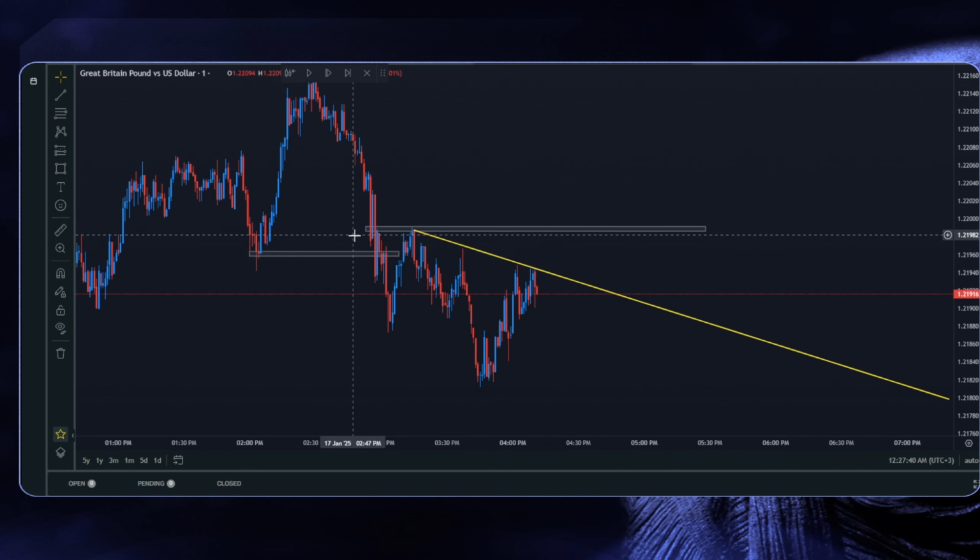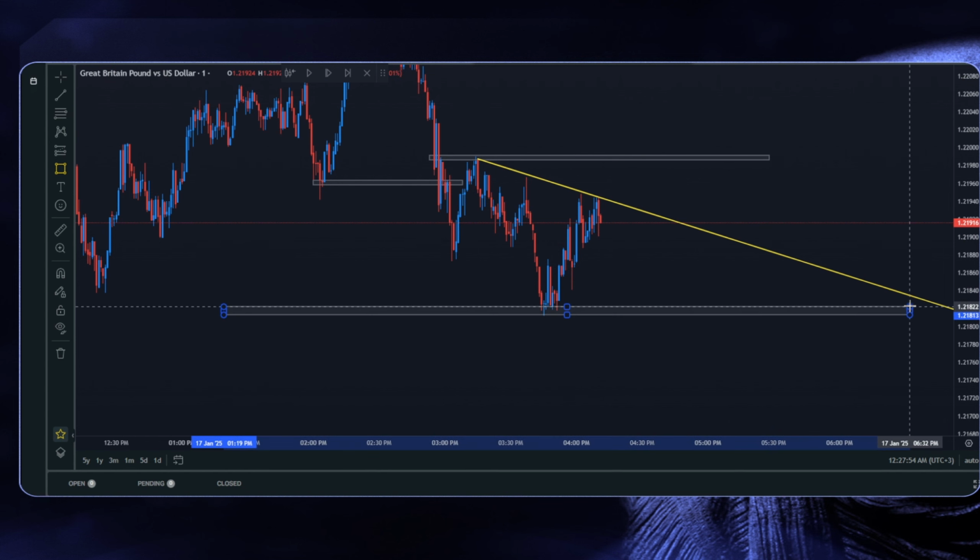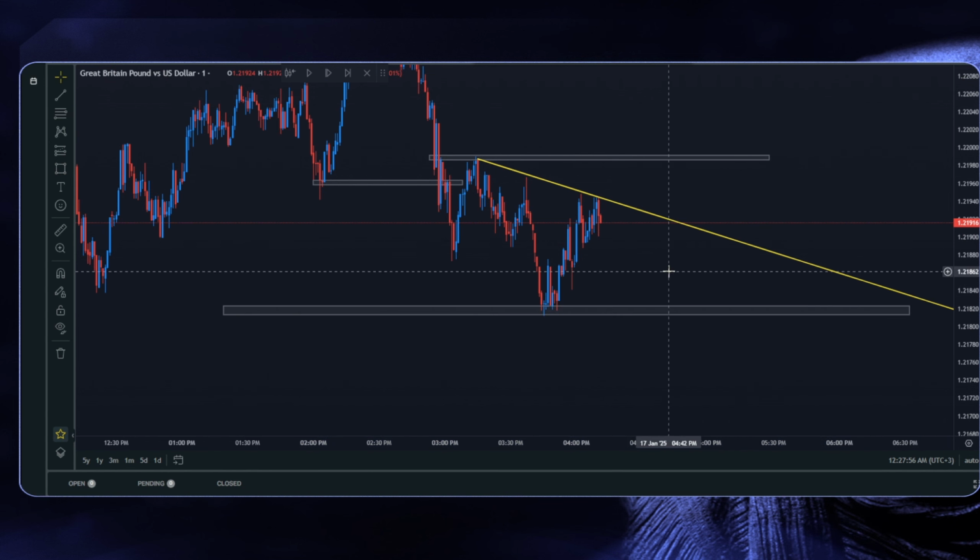So we have identified our trend line, we have identified our zone of resistance, and we have our zone of support around that zone.